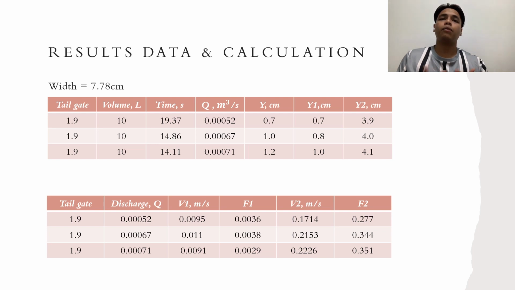And we can get Y, which is the opening of the sluice gate, Y1, which is the height of the water before the jump, and Y2, which is the height of the water after the jump. After we get that, we can get the velocity and the Froude number of the water.